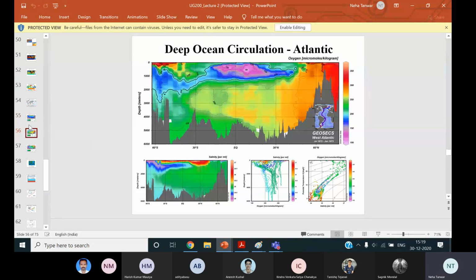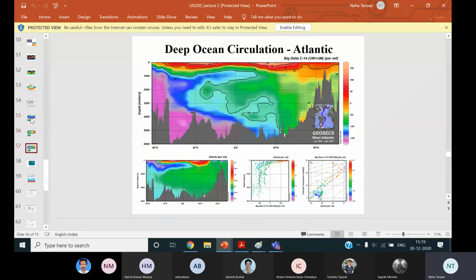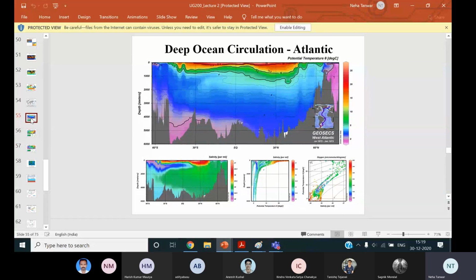We don't have the salinity plot, but yes, you are right, it's not cold enough to make it dense. That's why at the equator, and even at the tropics, we don't have deep water circulation, because the surface water is very low in density because it's very warm. Perfect. Any more questions?